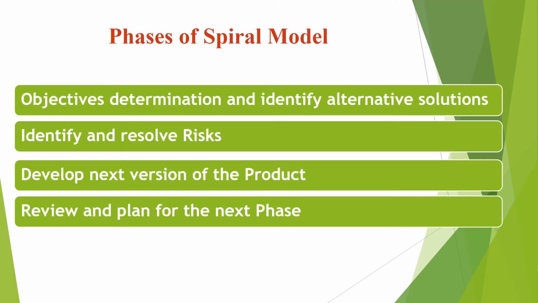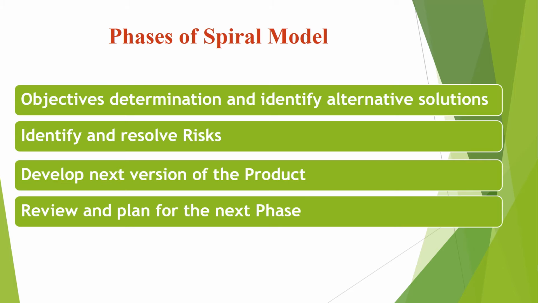Then the second phase is identify and resolve the risk. In that phase, the various alternatives are evaluated based on the goals and constraints. The focus of the evaluation in this stage is on the risk perception for the project.